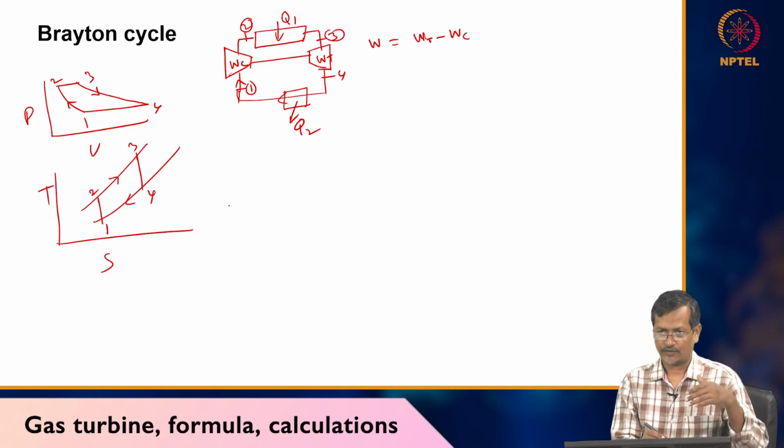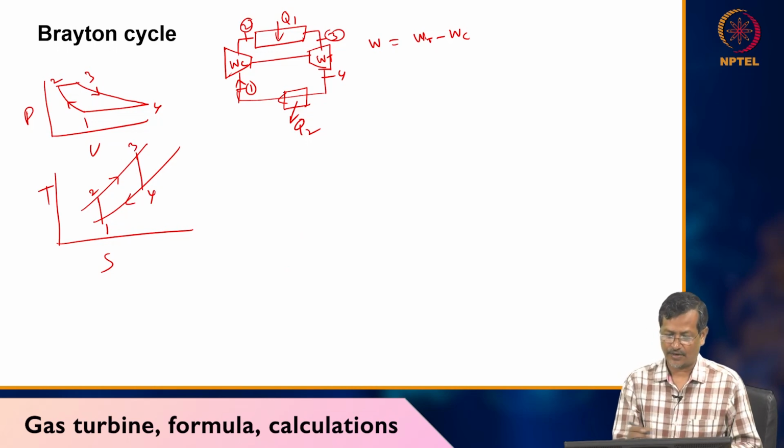Now if I want to compare with Rankine cycle, how will it look?